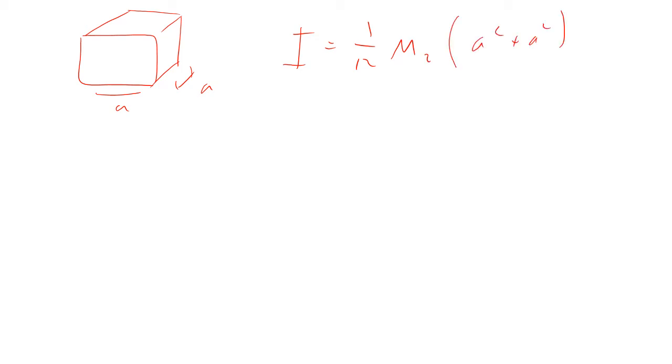Well, for the rectangular block right here, a and a, because it's really a cube, then I is going to be 1/12 m2 (a squared plus a squared). So that's going to be 1/6 m2 a squared. Okay, so that gives us that.